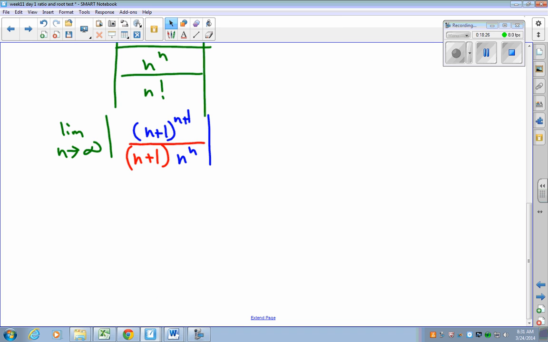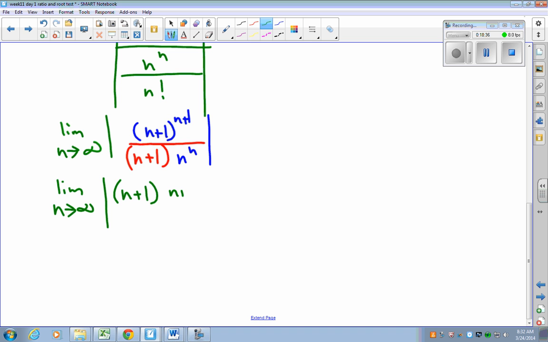Now, watch how I manipulate this a little bit. This is going to be n plus 1 to the n all over n plus 1 n to the n.